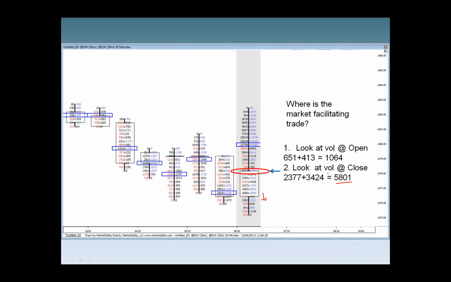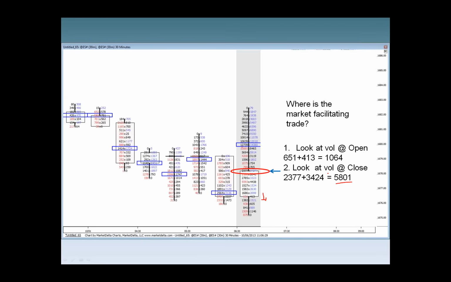So this reaffirms my initial bullish bias, and then these other elements that are somewhat distracting, like this big long wick that at first made me a little frightened, now begin to lose significance, because the volume, which is a very reliable indicator in the market, is indicating that the market is facilitating trade to the upside.